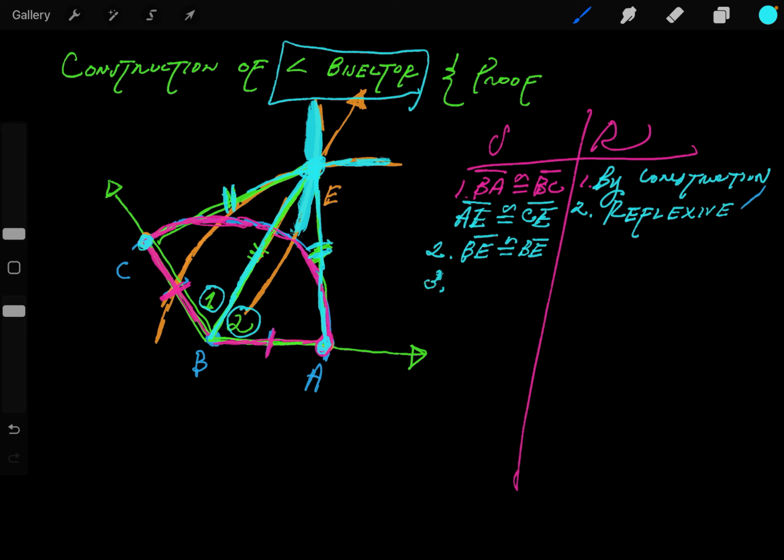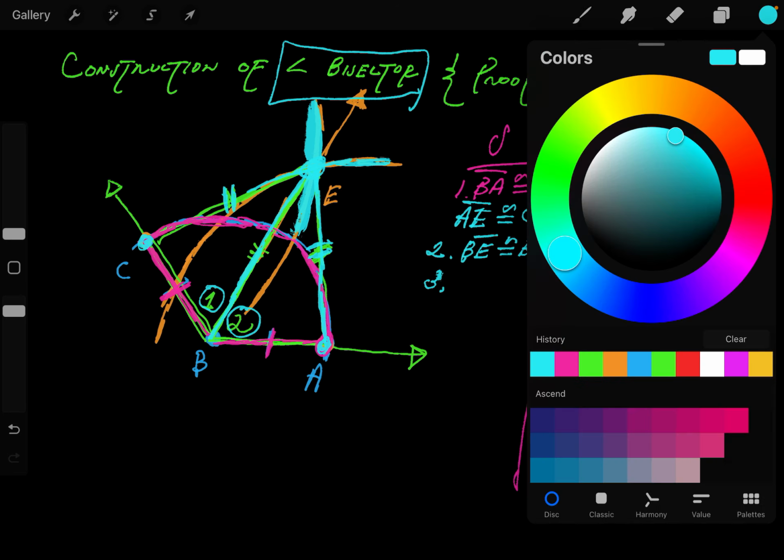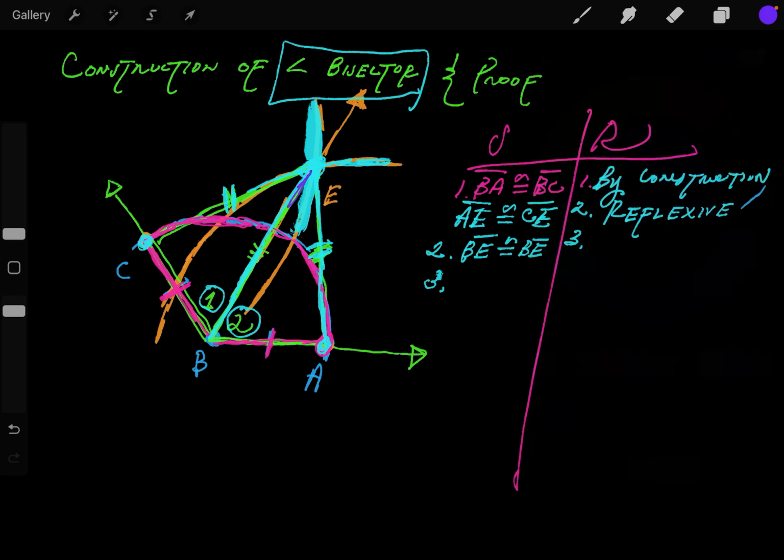Then the next thing that I have is that these two triangles are congruent. Which two triangles? These two triangles. This one here on the left is congruent to this one here on the right. Why is that true? Because of side, side, side, right? We have BA congruent to the other one and so forth. We have these three sides, right?